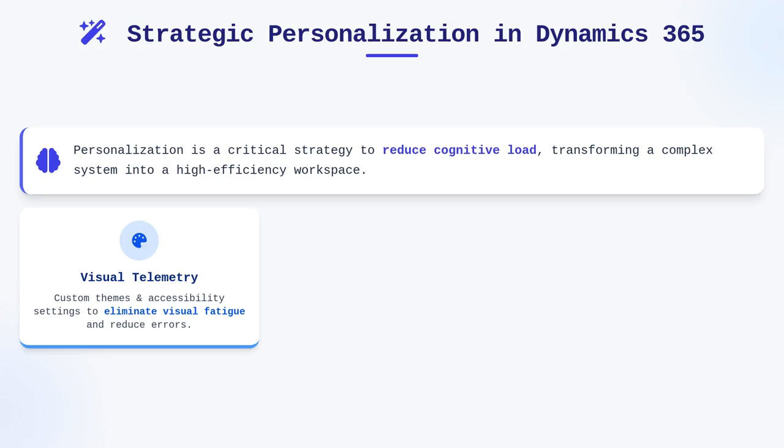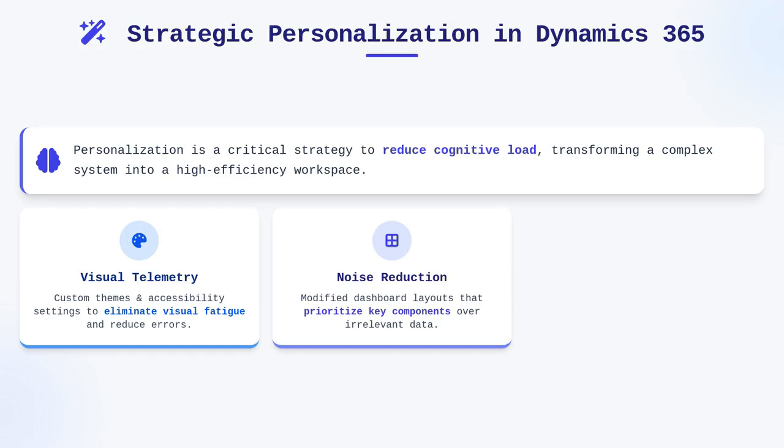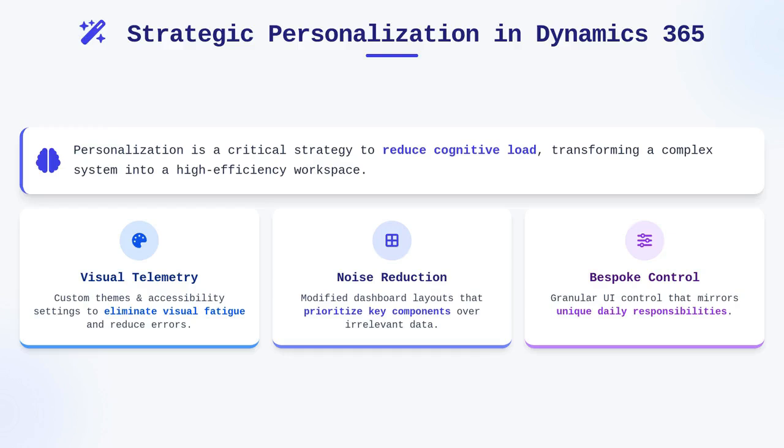By configuring these themes, you reduce visual fatigue, which directly correlates to fewer errors during intensive data entry or reporting tasks. Furthermore, the capacity to modify the dashboard layout means you can remove noise and prioritize the components that feed your specific operational dashboard. When you personalize these elements, you are effectively creating a bespoke control panel that mirrors your unique daily responsibilities within the organization.